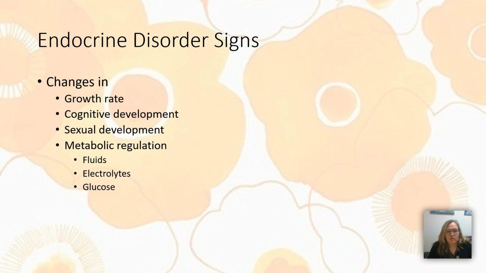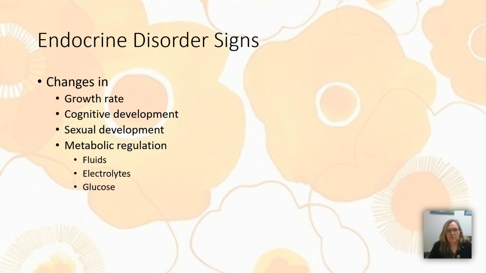And in general, remember that overall the signs of an endocrine disorder, if you don't know what you're dealing with, but you suspect some kind of endocrine disorder, you're going to see changes in growth rate, maybe changes in cognitive development, or changes in sexual development or metabolic regulation.